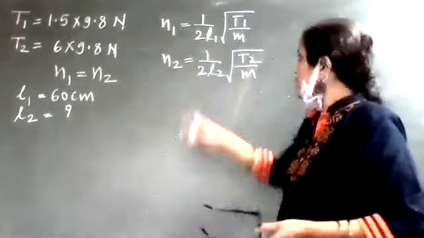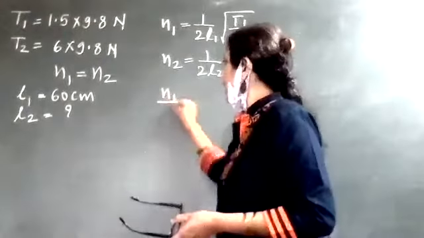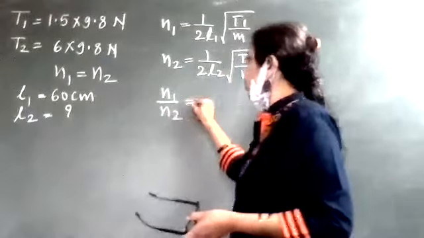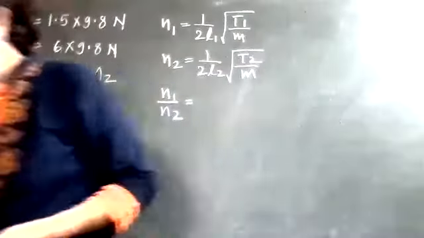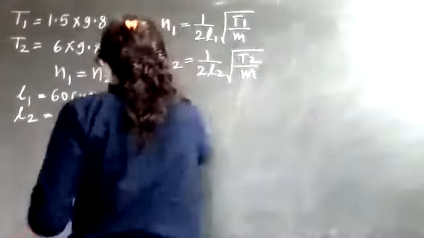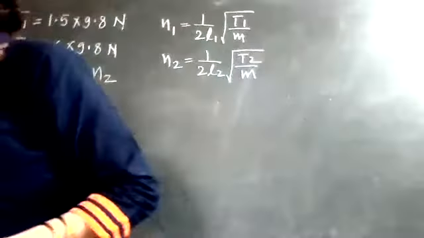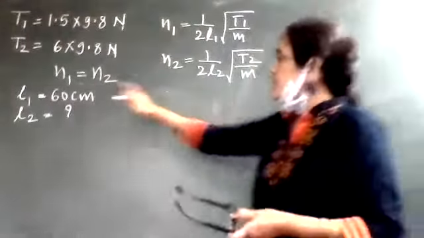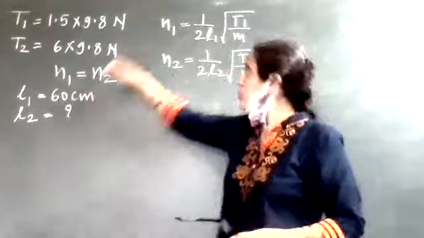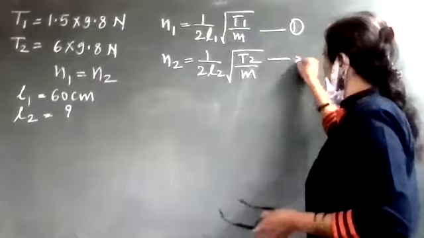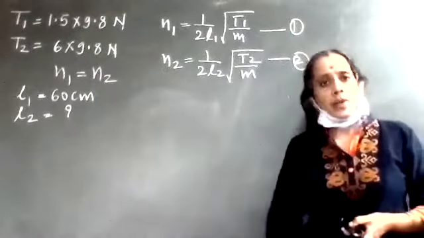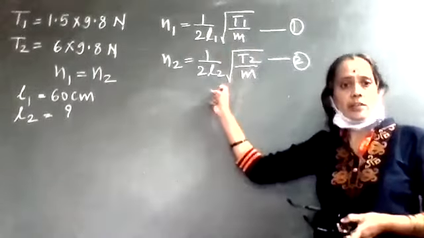Now, the simpler method is N1 equal to N2. We have these as equation 1 and equation 2, so I can equate them.